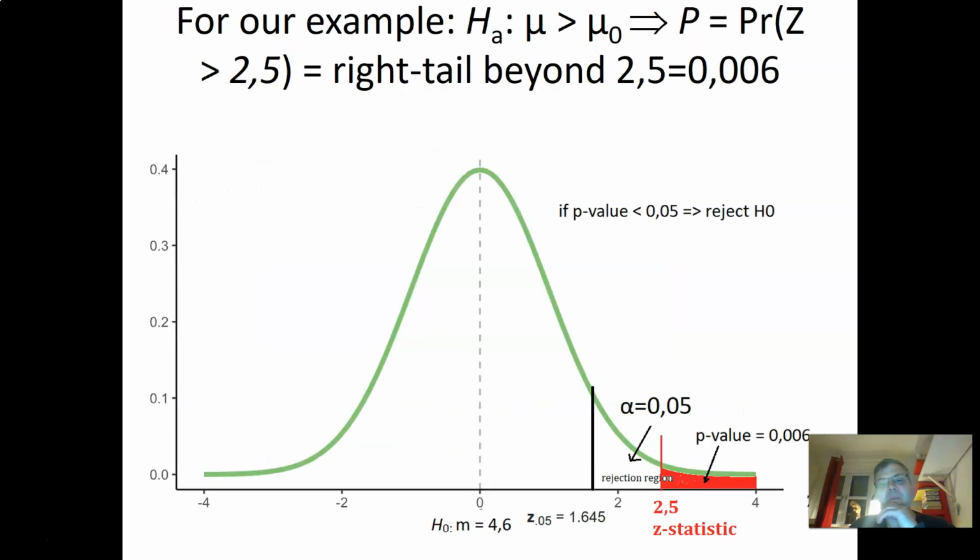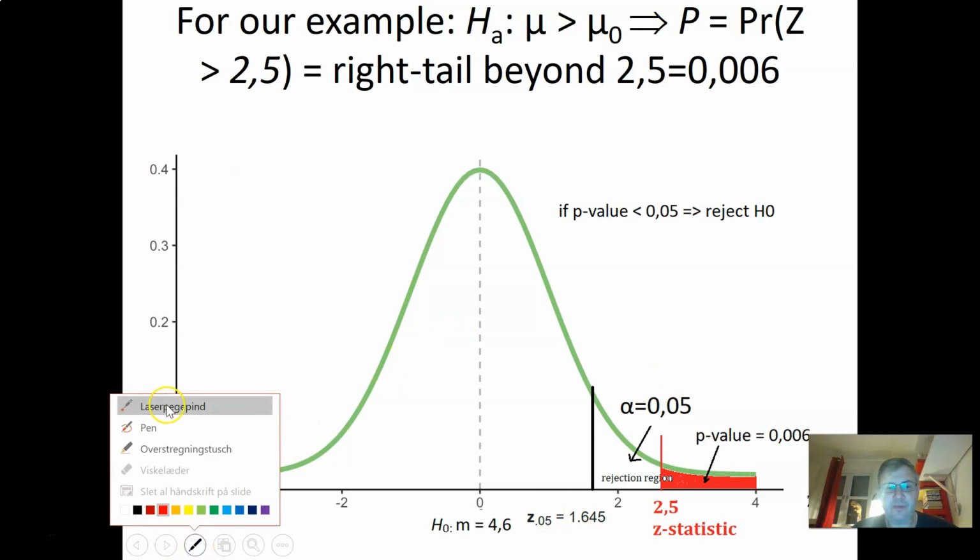So in our example, what is the p-value? If we convert the z-statistic, which was 2.5, to a p-value, that is the area under the standard normal distribution to the right of the 2.5 z-statistic, you get a p-value of 0.006, or the equivalent of 0.6%.